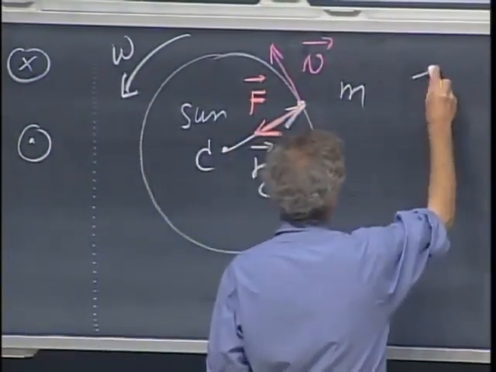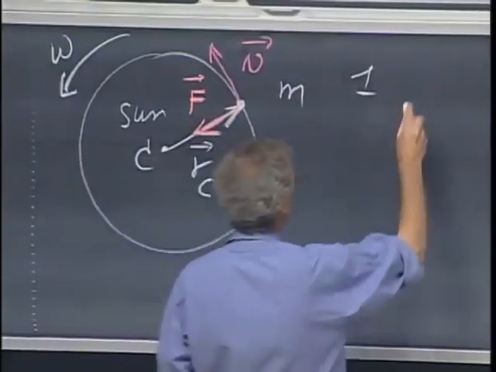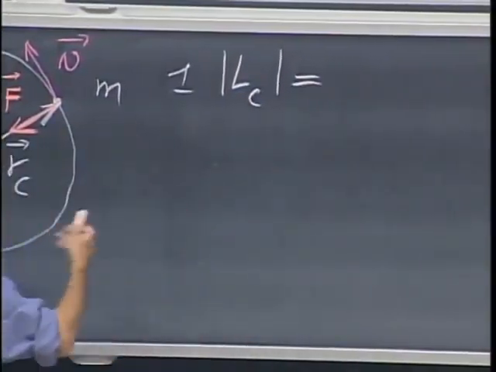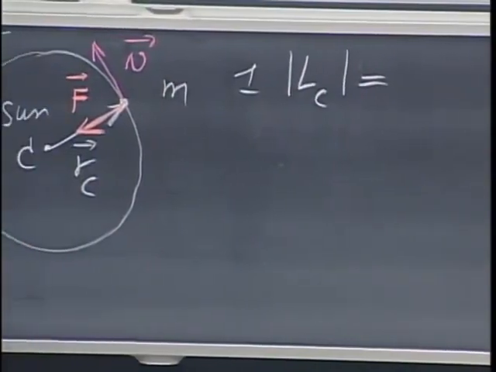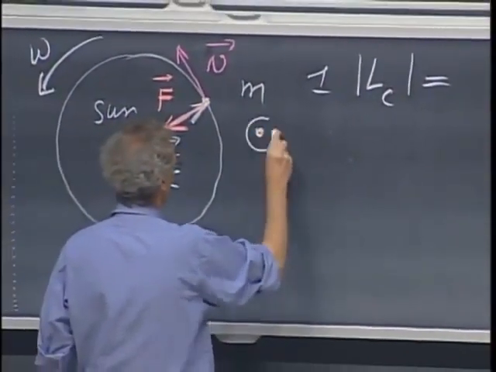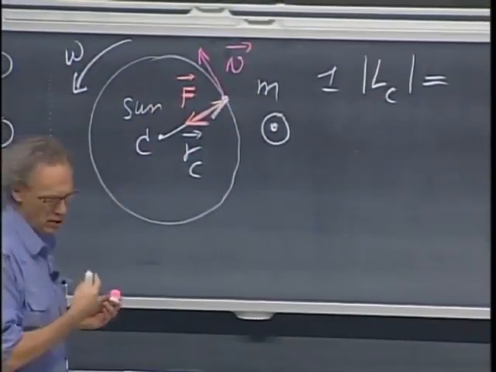Well, go to equation number 1, and the angular momentum relative to point C, the magnitude, because the direction is clear, if it's going, as seen from where you are, counterclockwise, then the direction of the angular momentum will be pointing out of the blackboard, so I'm only interested in the magnitude.